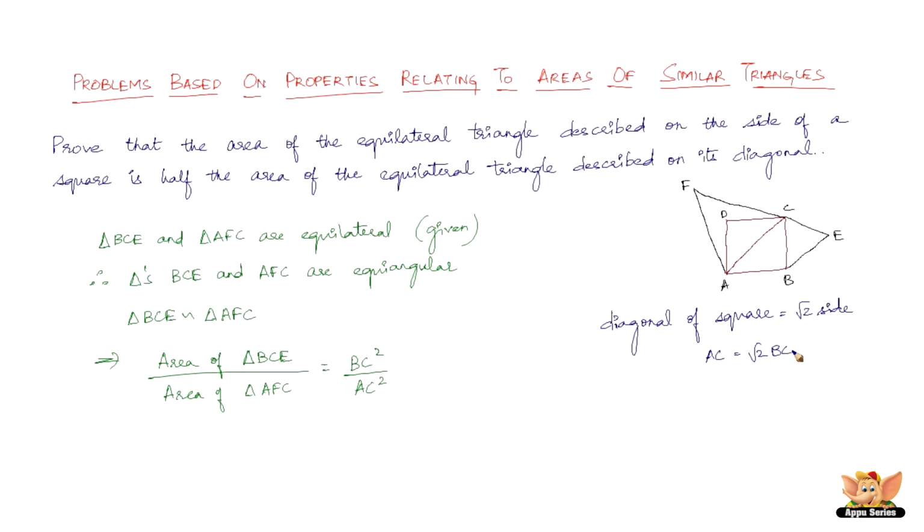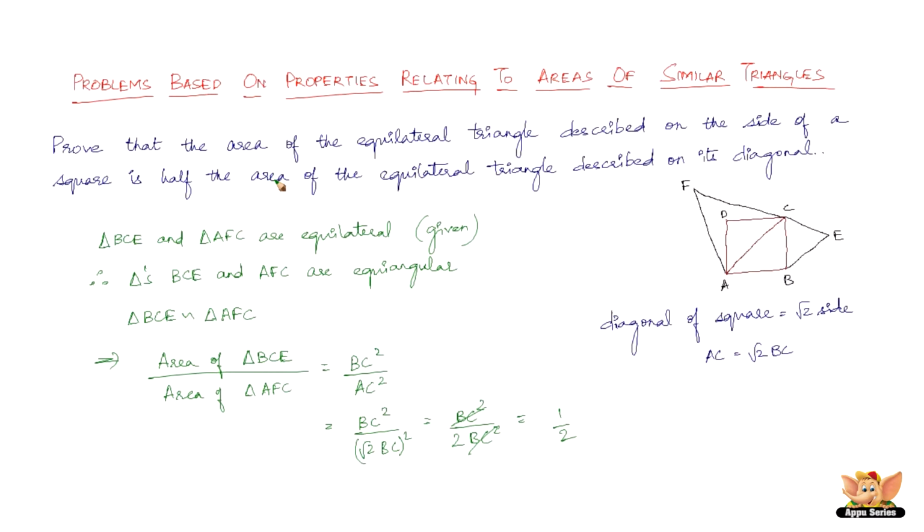Let's take BC. So we replace AC squared by root 2 BC the whole squared, which is BC squared by root 2 squared, that is 2, times BC squared. So BC squared gets cancelled. We get 1 by 2. So this is equal to the area of triangle BCE by the area of triangle AFC.